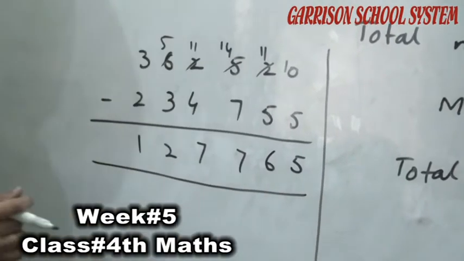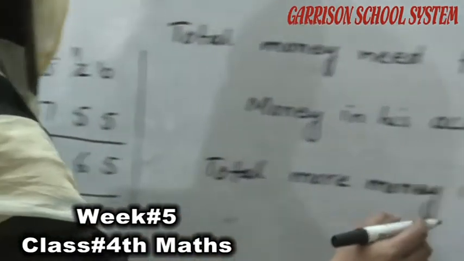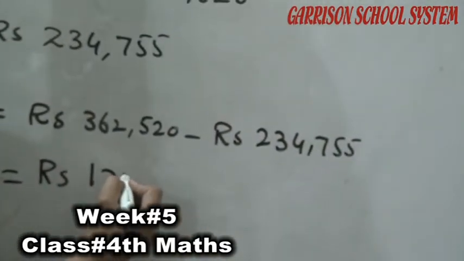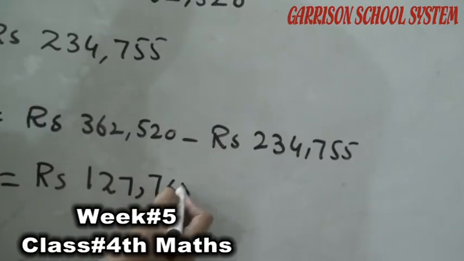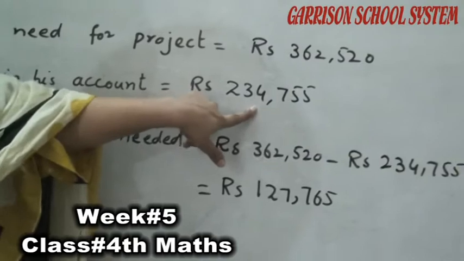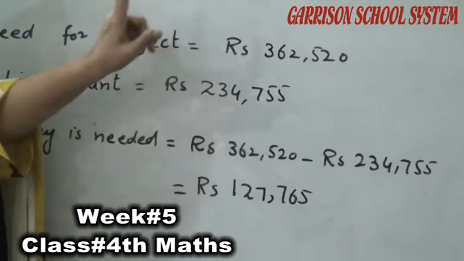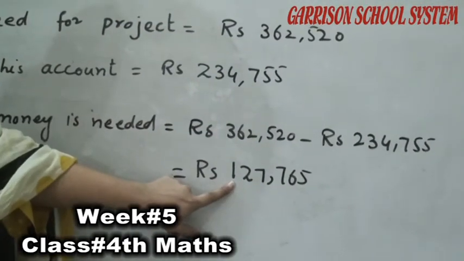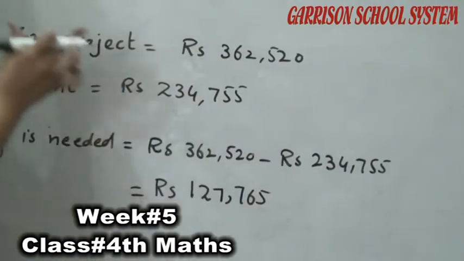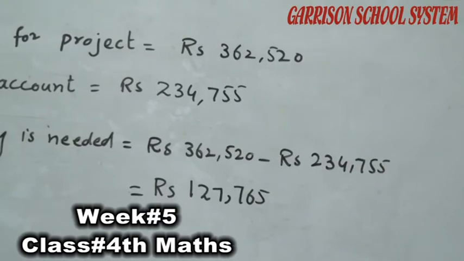It means rupees 127,765 we needed more, because he has this amount in his account and he needed this more amount to complete the project. So this is the answer.